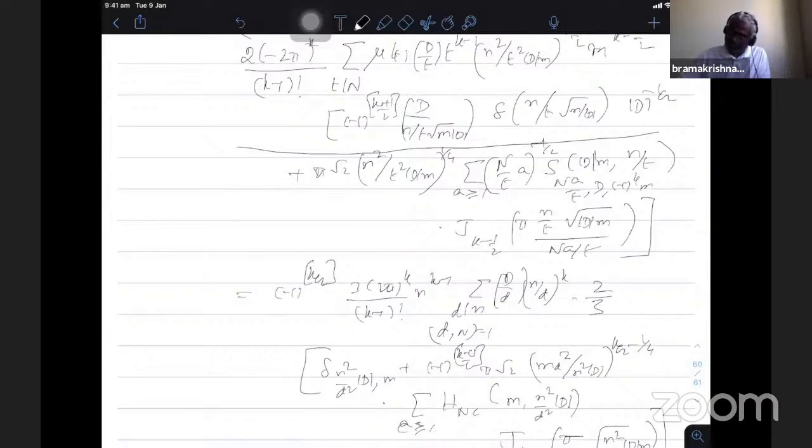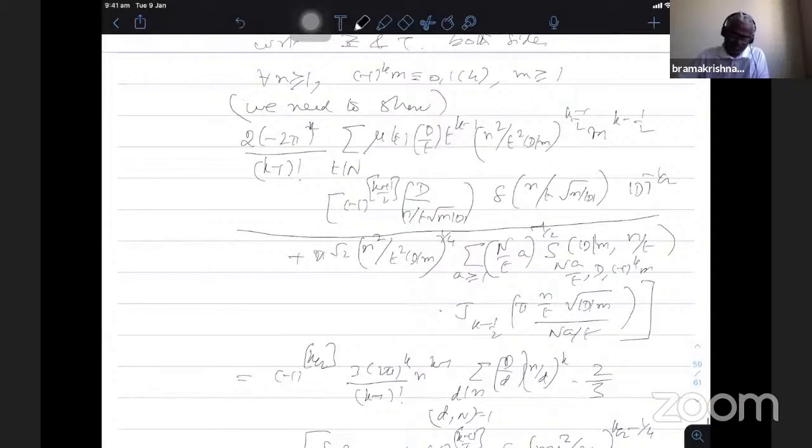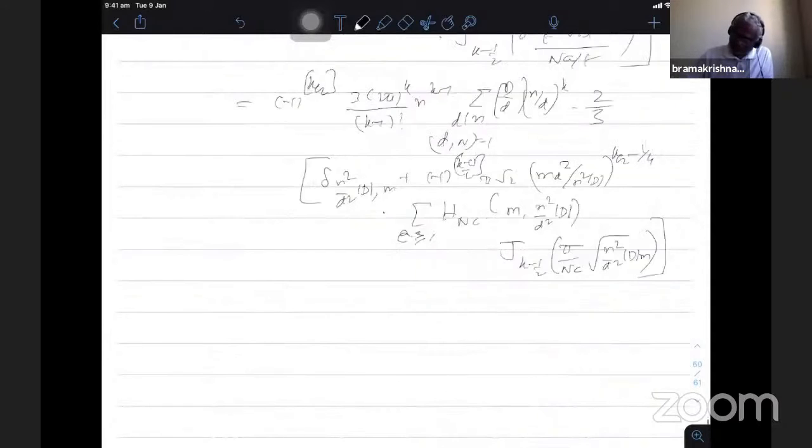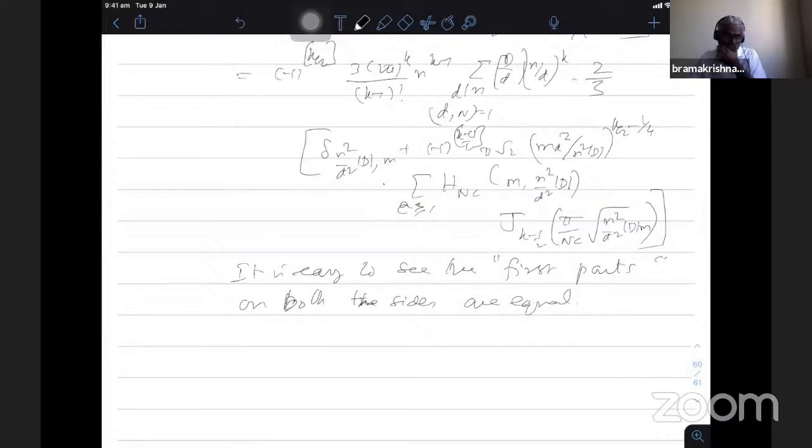So one can verify easily that the first parts on both the sides are equal. The equality of the first part is easy to see.